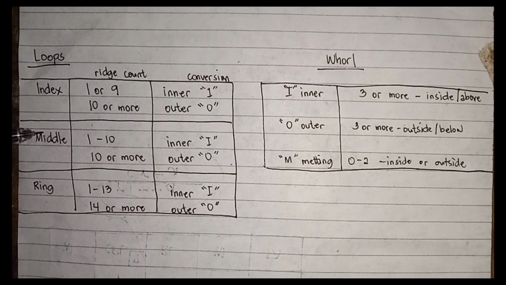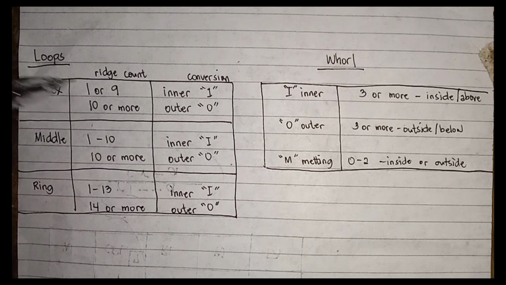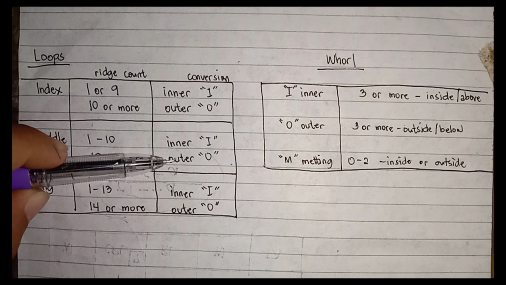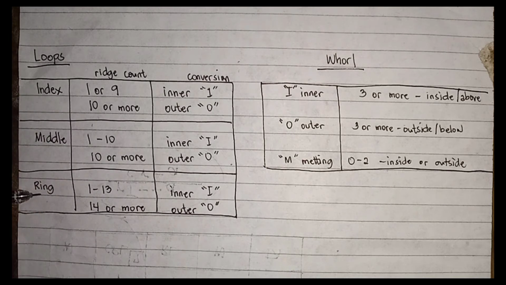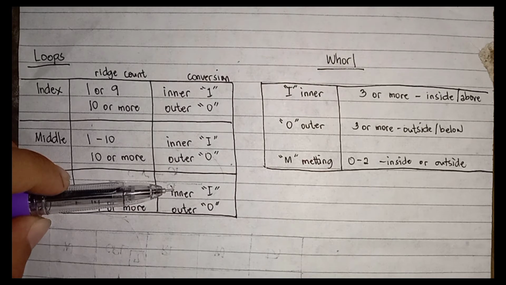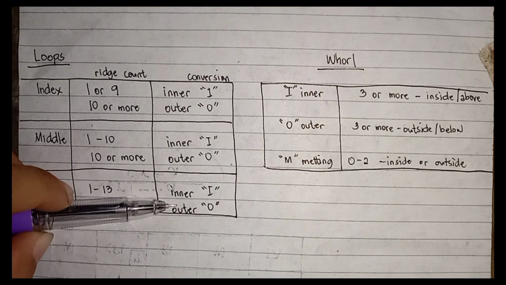In the middle finger, if the ridge count is 1 to 10, the conversion is inner, and 10 or more, the conversion is outer. In the ring finger, if the ridge count is 1 to 13, the conversion is inner. If the ridge count is 14 or more, the conversion is outer.